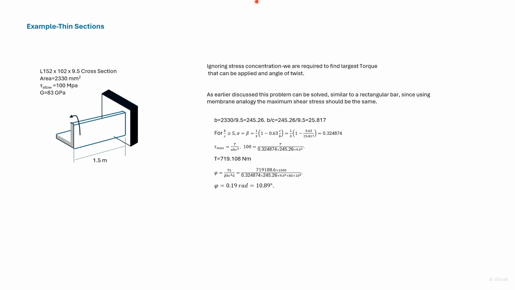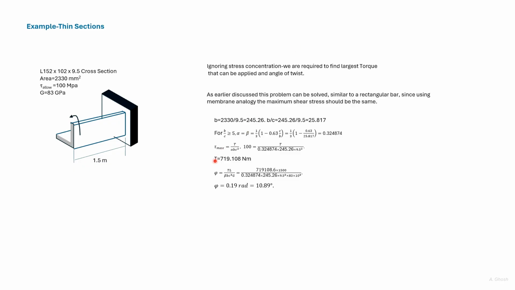We can find the distance of the center line B by dividing the area by the thickness. So once we know B, we can find out B divided by C. The value obtained is larger than 5, and we can use the equation for both alpha and beta, from which we get the values of alpha and beta.